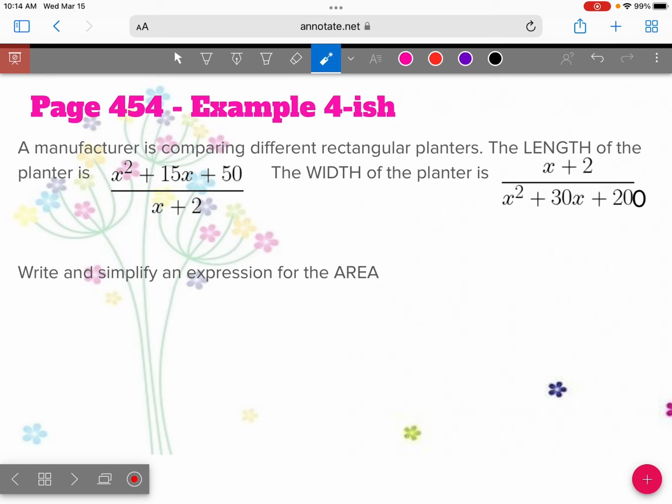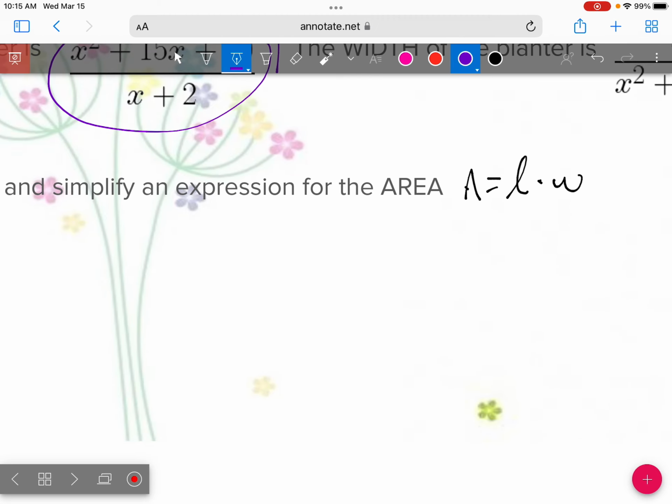So we've got the manufacturer is looking at rectangular planters. So that's rectangles. The length of the planter is that nonsense, and the width of the planter is the other nonsense. We want to find the area. How do I find the area of a rectangle? Area is length times width. So I happen to know the length is this. So I'm going to write that.